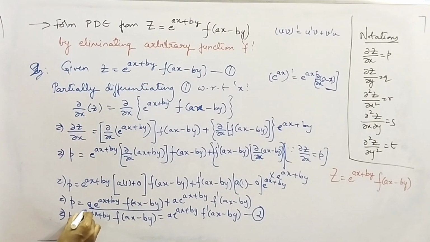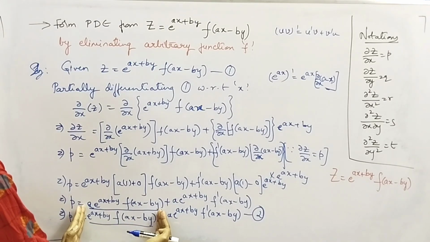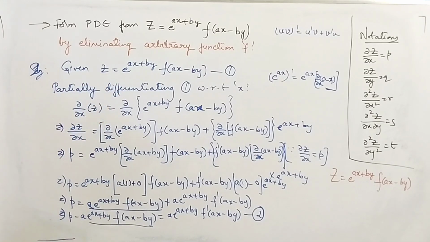So we can replace this term, e power ax plus by into f of ax minus by, by z. Okay, we'll do that in the coming steps. While finding the PDE, we'll just replace it by z, not now. You can also replace it by z now itself, but it's always good to replace it later.